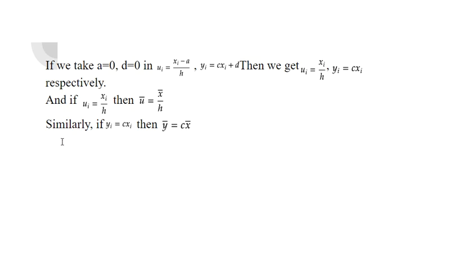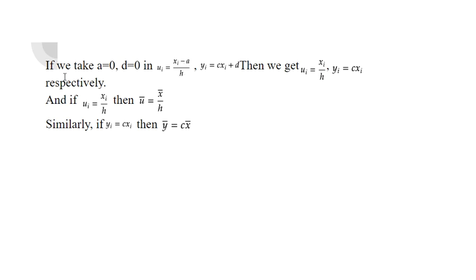Similarly, what if I want to change the scale only? So what will I do? I will take the original equation, ui is equal to (xi minus a) upon h. If I want to change the scale only, I need to cancel out this a term. So how can I vanish this term?